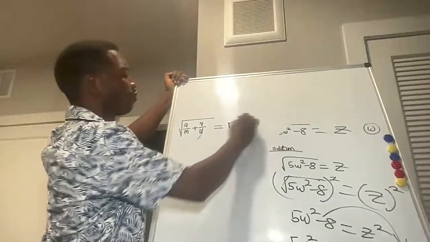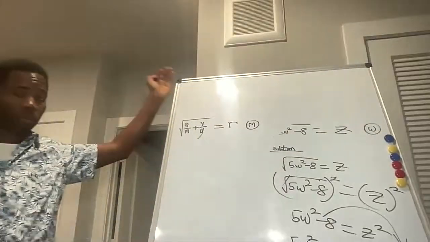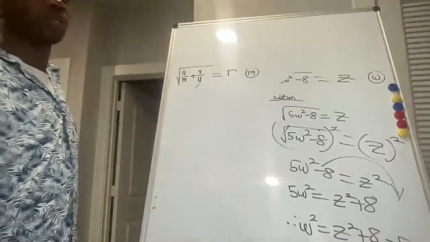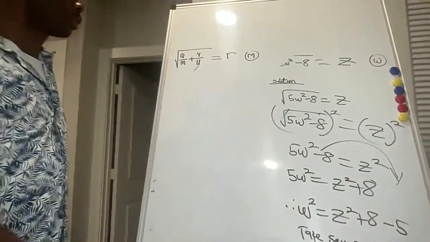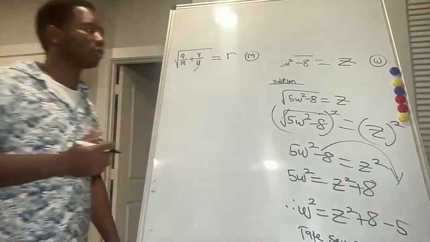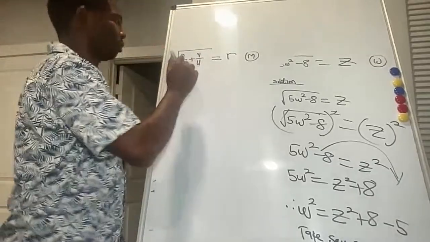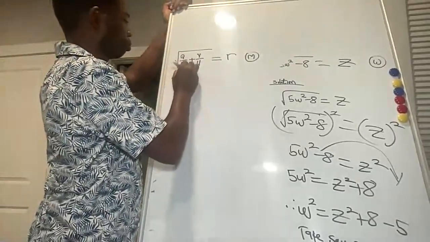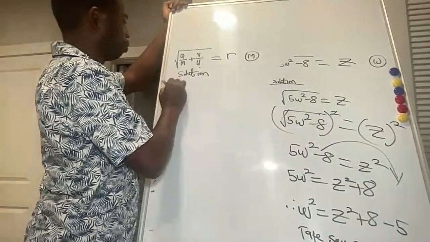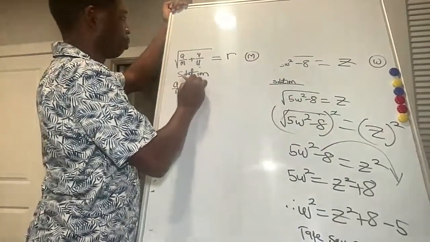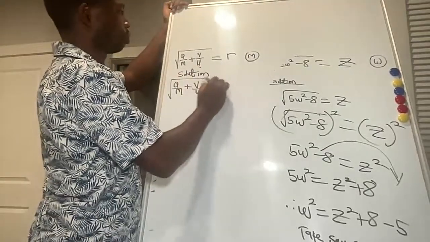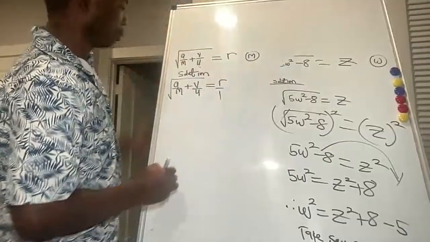Make m the subject of the formula. We are told to make m the subject of this equation. How can we make m the subject? Firstly, solution. q over m plus v over u is equal to r over 1.